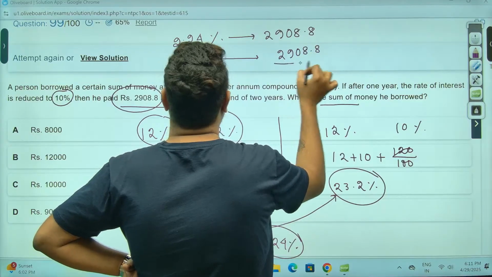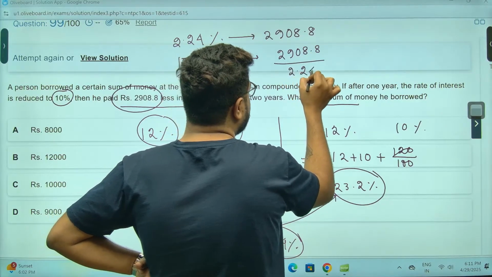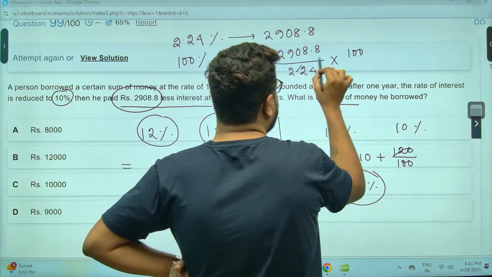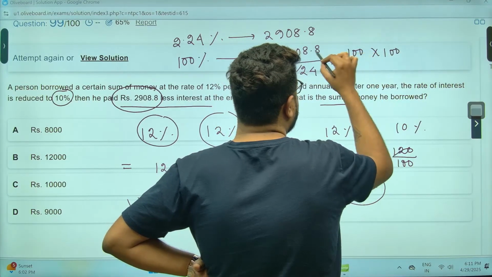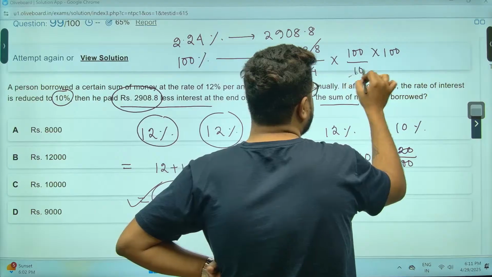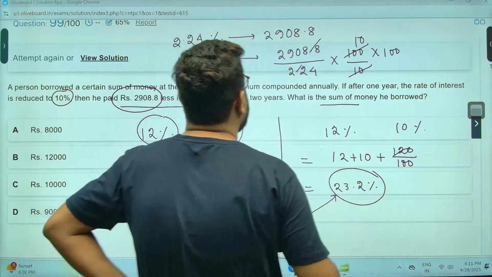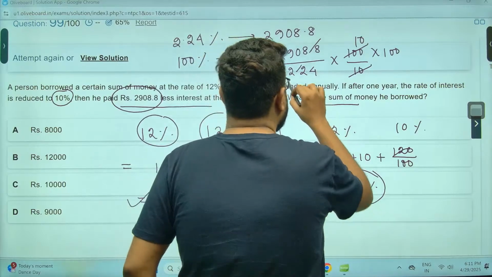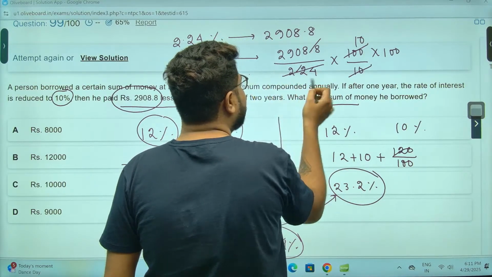2908.8 by 2.24 into 100. If I get this done, it is by 10. Let's do it by 4.